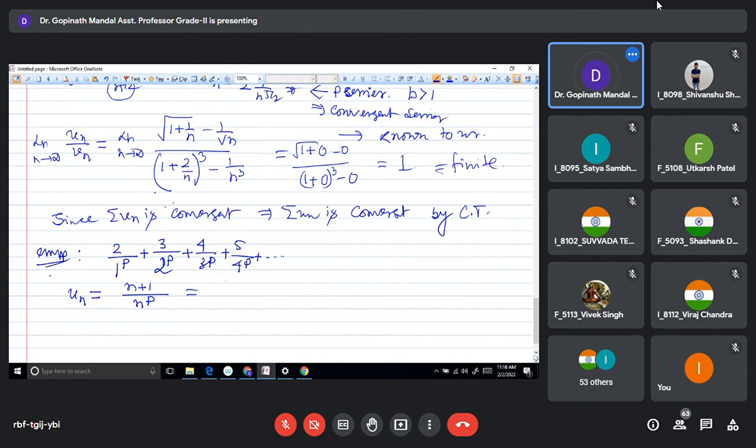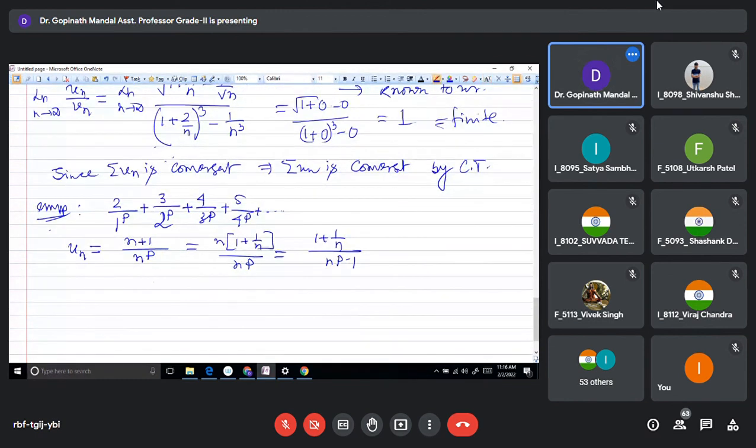Now in common, 1 plus 1 by n to the power p minus 1, and take Vn equal to 1 by n to the power p minus 1.